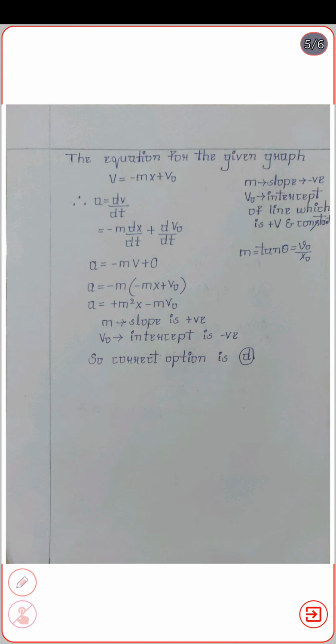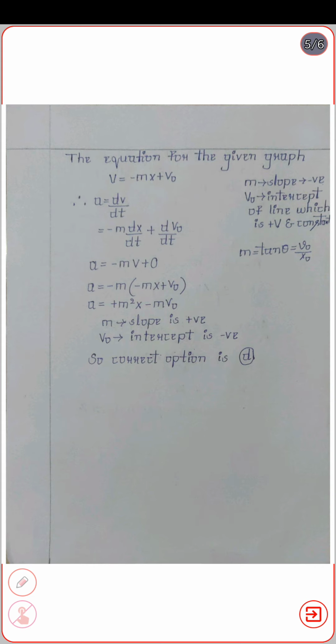Then dv by dt is a, and minus m is a constant, so we get dx by dt plus dv naught by dt.